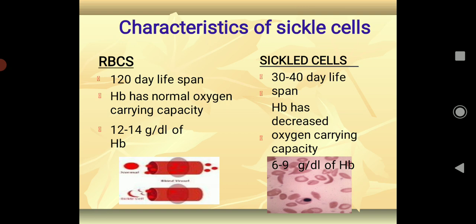But in sickle cell conditions, the lifespan of the RBC is 30 to 40 days and hemoglobin has decreased oxygen carrying capacity. In that condition, the hemoglobin concentration in the body is only 6 to 9 grams per deciliter.